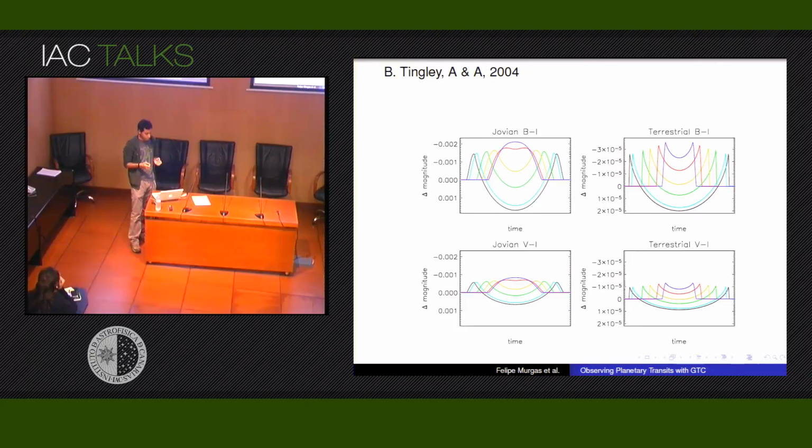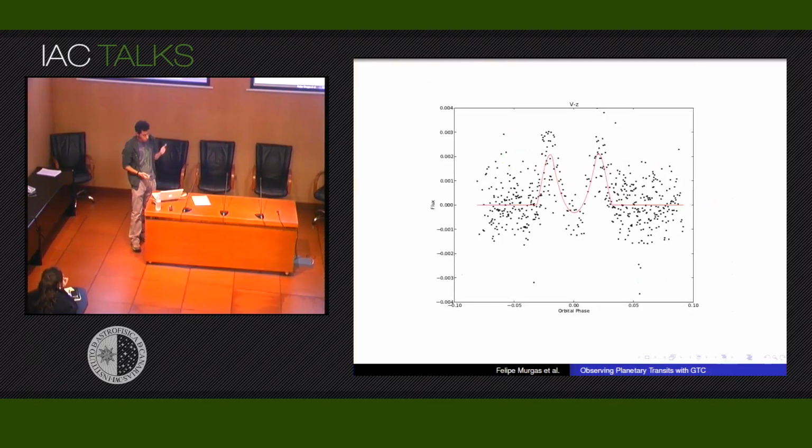So if you get really good precision, you can distinguish between the different types of planets. We tried to do this for WASP-43. This is the B Johnson filter minus the Z Sloan filter, and you can see that more or less we detect the horn-like structure, the color signature of this planet.